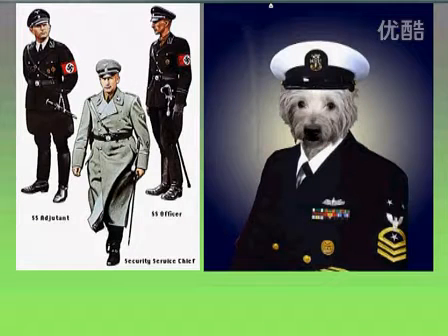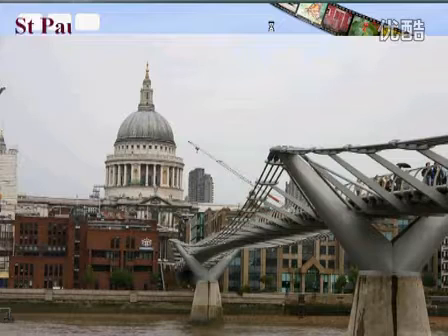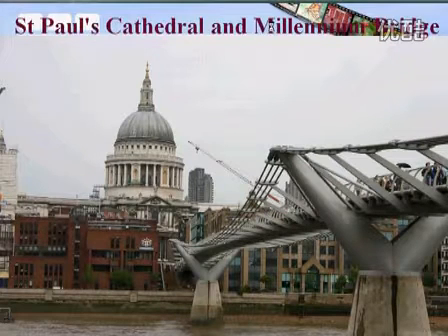Maybe some people wear the same clothes. We have learned this word, uniform, 制服. Now look at the next picture. The pedestrian bridge, is an important sightseeing spot.